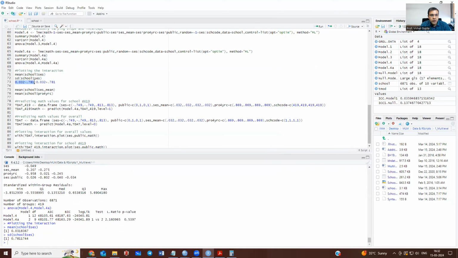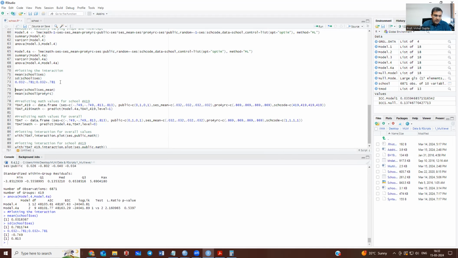I compute two values, because to plot any line you need two values. So I have said mean minus 1 SD. In moderation, you are familiar that we choose 2 points, mean minus 1 SD and mean plus 1 SD. If I run this, I get two values, minus 0.749 and plus 0.813.